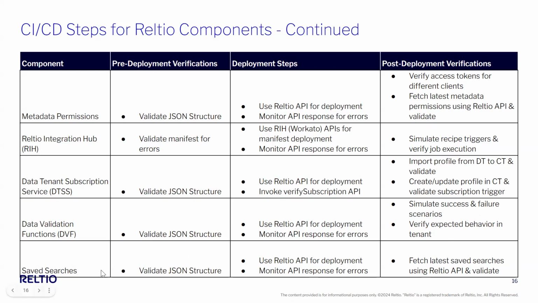Saved searches are a simple JSON-based deployment that you can follow using the standard APIs. As post-deployment verification, you can fetch the saved searches that are saved in the tenant and validate if the one that you deployed is present there or not. And of course, you can test if it is yielding the correct results.